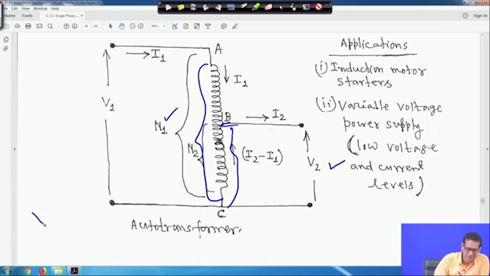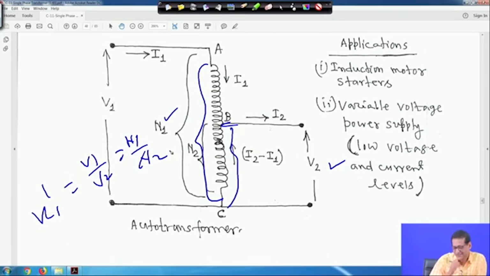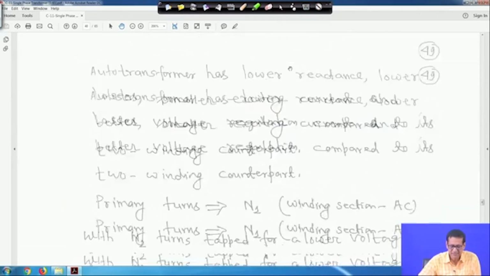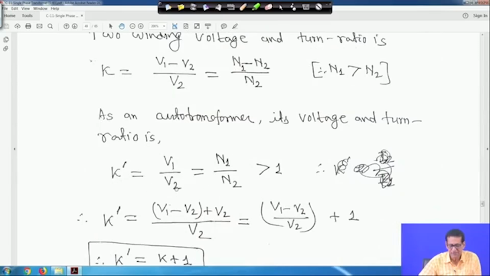For an auto transformer, K dash is equal to V1 by V2, which is equal to N1 upon N2. When you are taking an auto transformer, this is the full winding, and the voltage is tapped from some part, between A and C, that is B and C. So in this case, K dash is equal to V1 upon V2 is equal to N1 upon N2, that is greater than 1, because N1 is greater than N2 from the diagram.